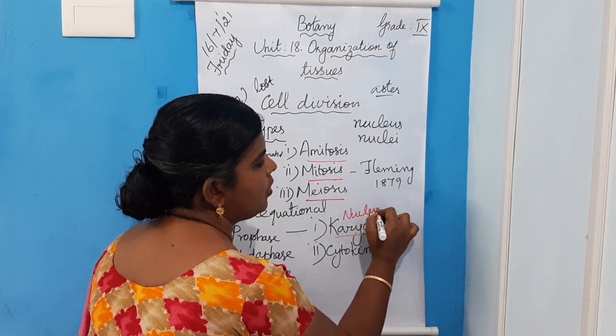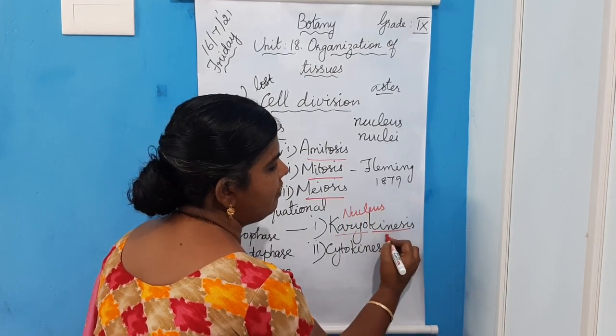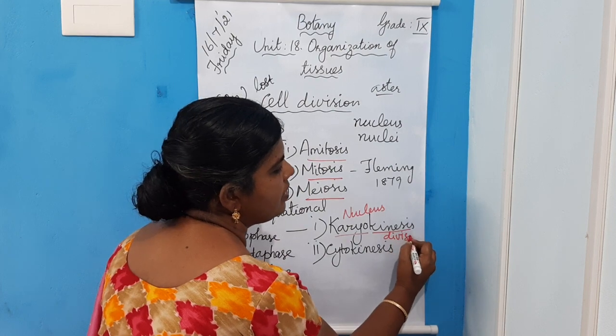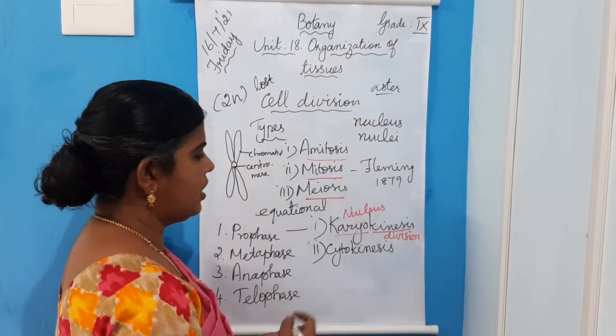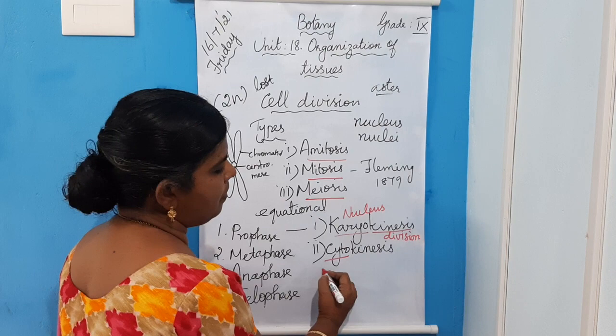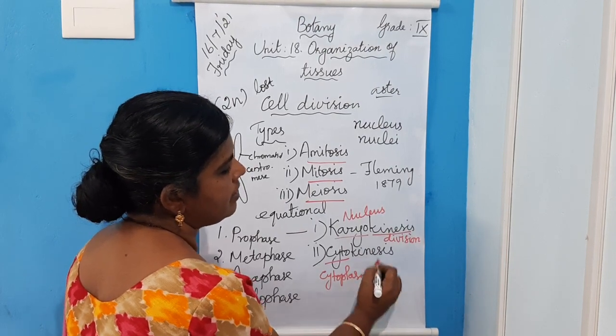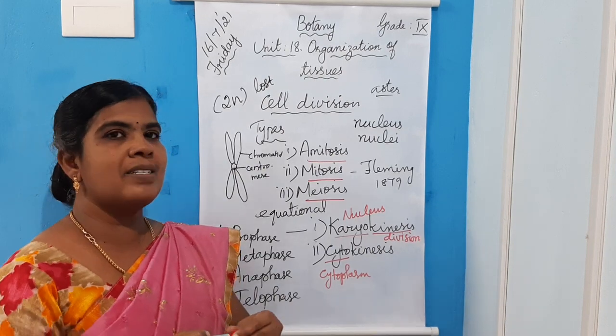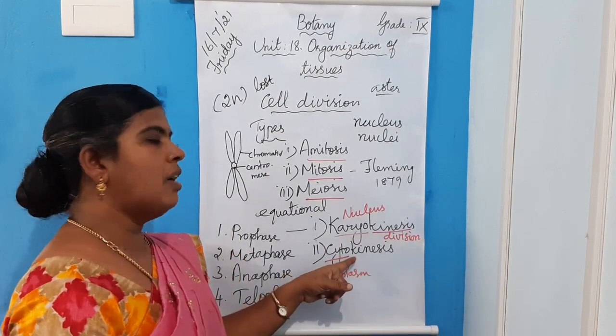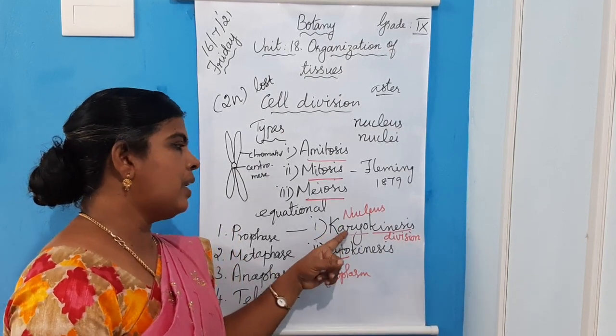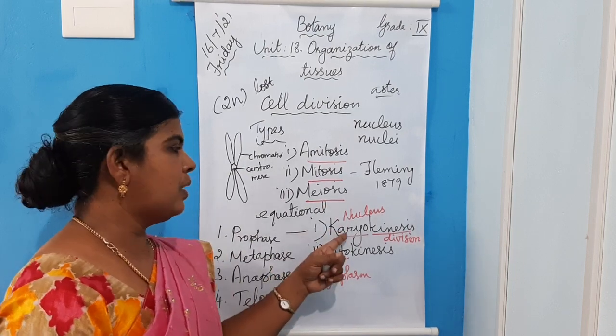Karyo means nucleus, kinesis means division. Cyto means cytoplasm, kinesis means division. So what is cytokinesis? Division of cytoplasm.